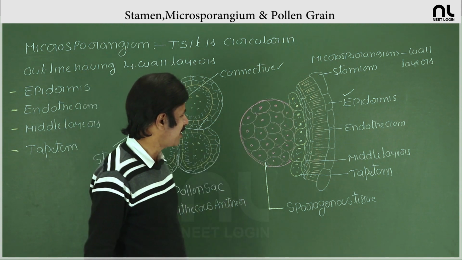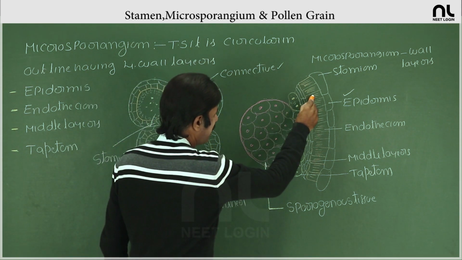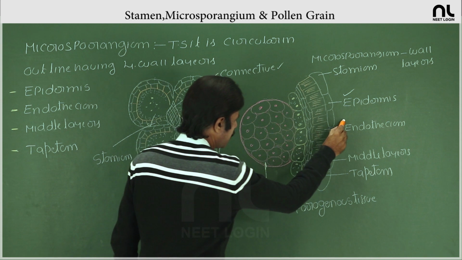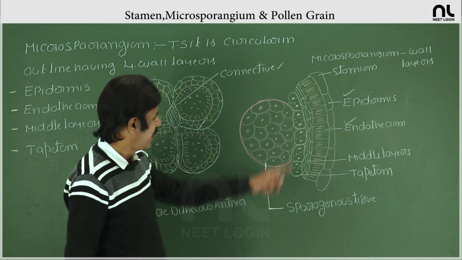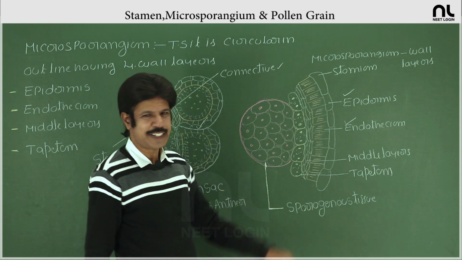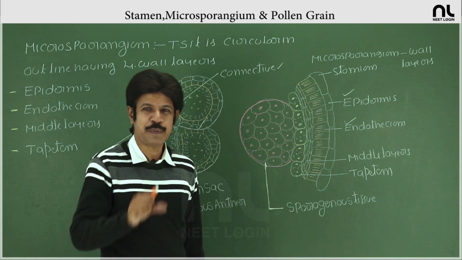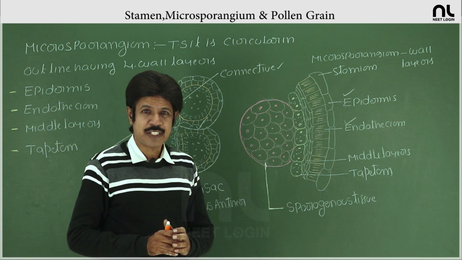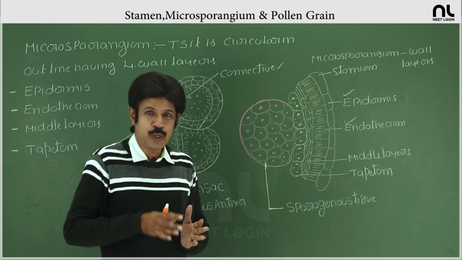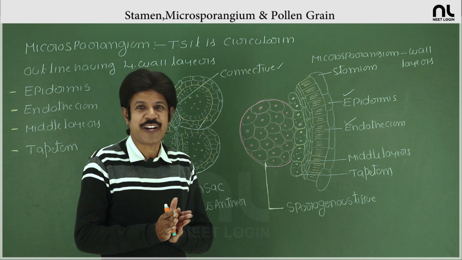Below the epidermis, the radially elongated layer of cells is called the endothecium. It has cellulosic thickenings which are hygroscopic in nature. It absorbs moisture and swells in volume. When it loses moisture, it contracts.